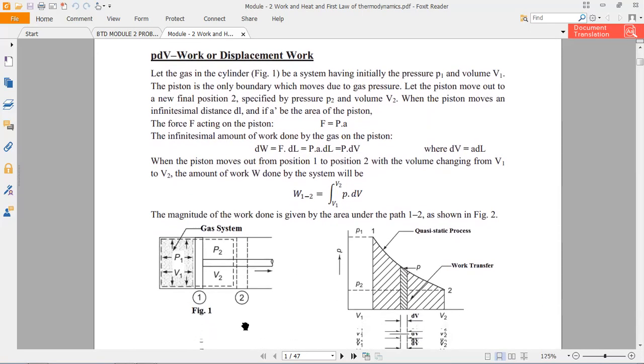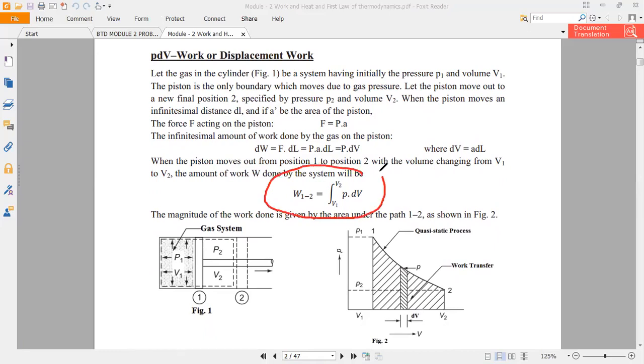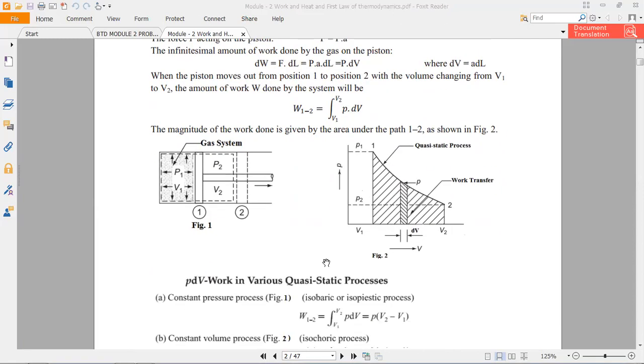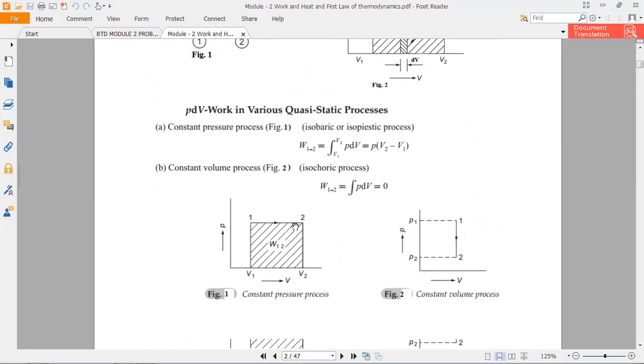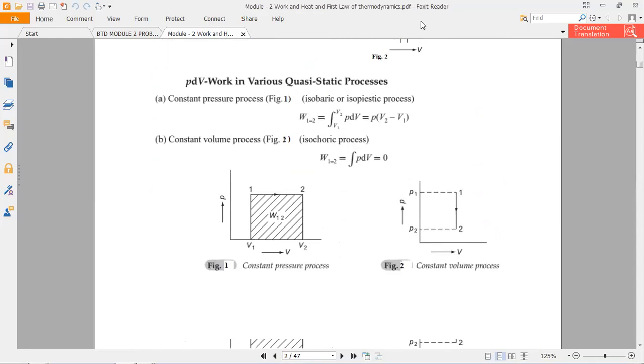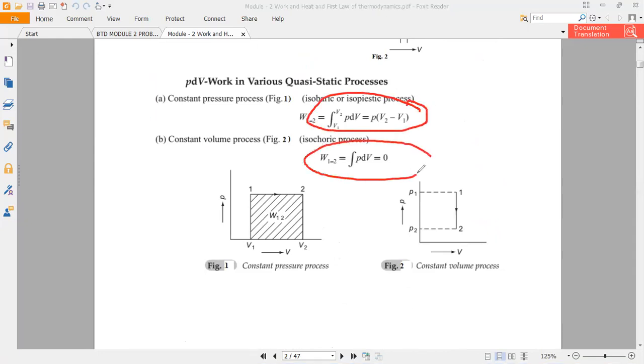In that, the equation we obtained is integration V1 to V2 PdV. Later, PdV work in various quasi-static processes: at constant pressure process, this is the equation, and constant volume process, this is the equation, that is 0.